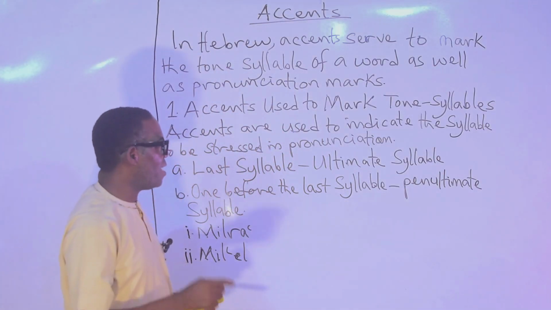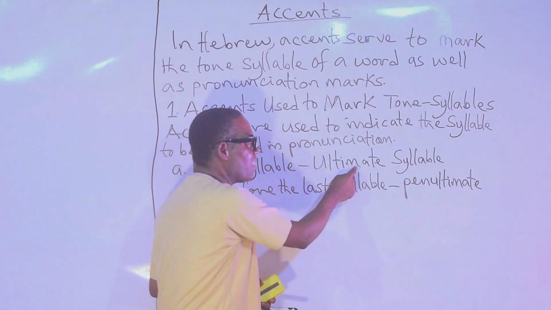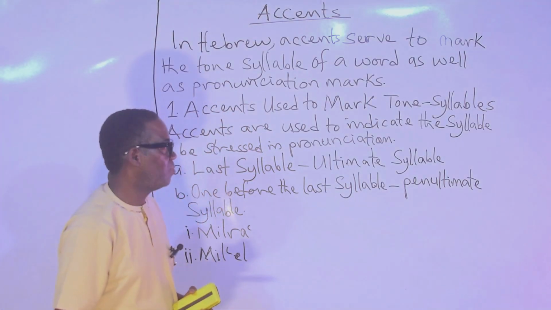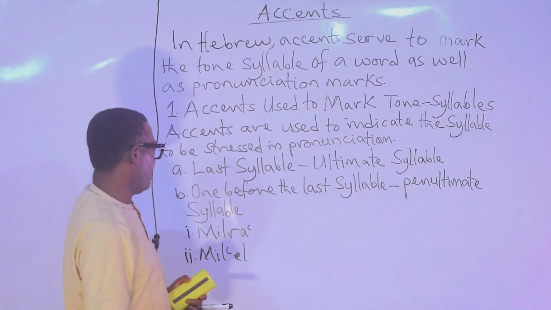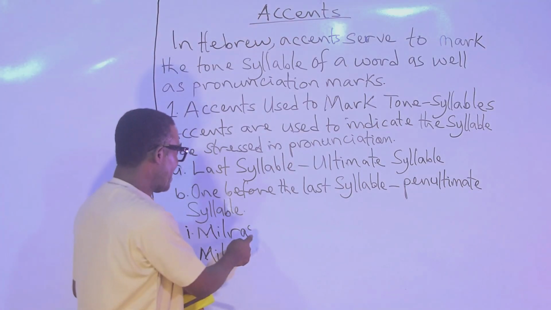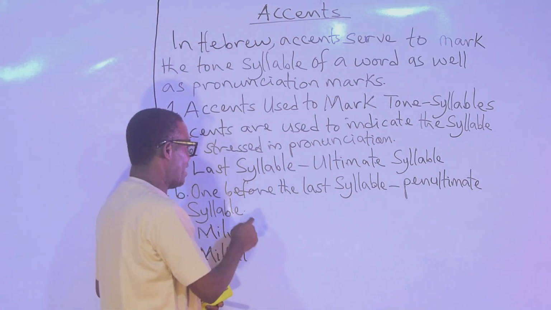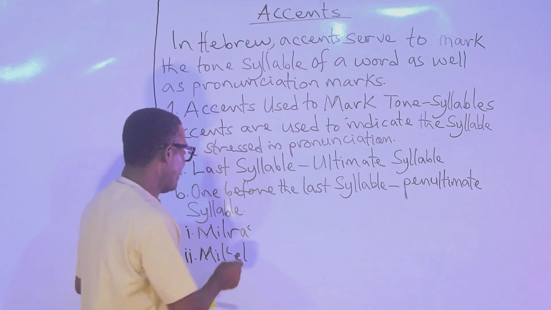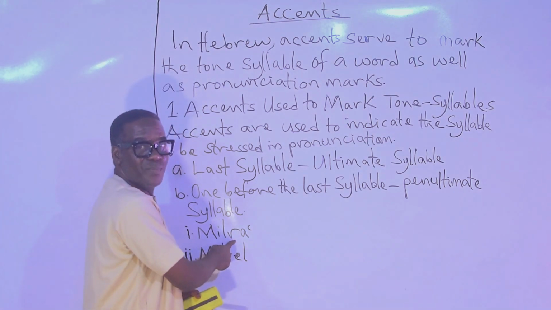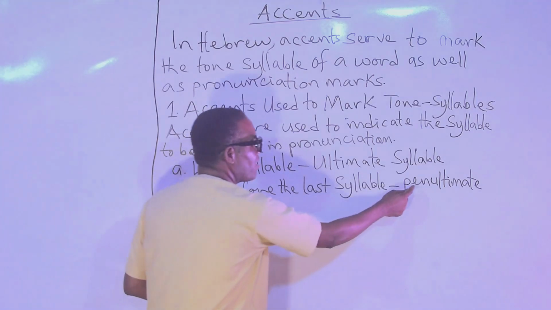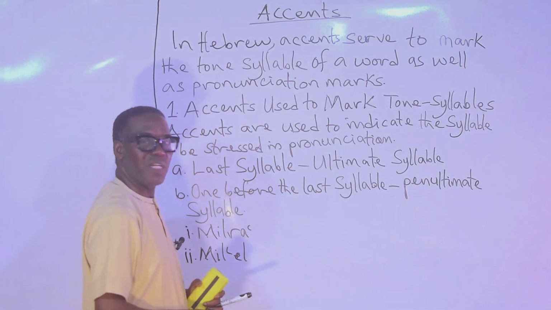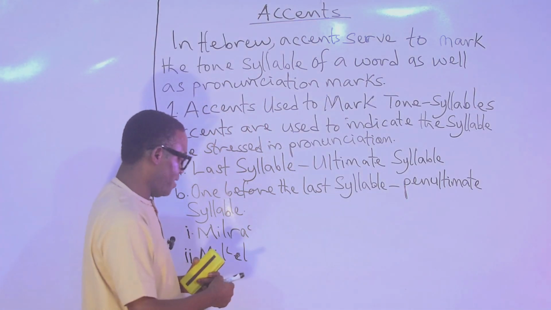So accent can either be on the ultimate syllable or the penultimate syllable. Accent on the ultimate syllable is called milra in Hebrew. Accent on the penultimate syllable is called mil-a.